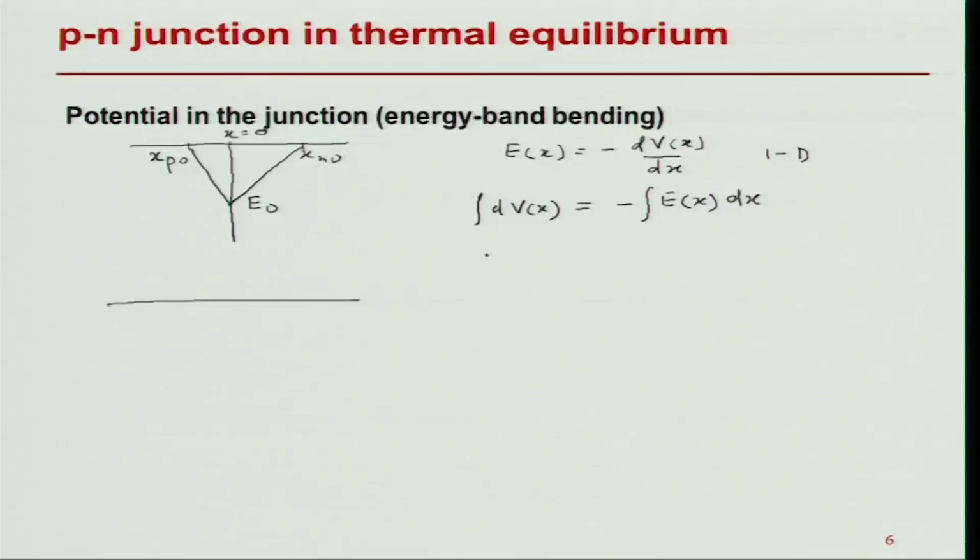So, let us first define that function, which is basically defined in two regions. The first region is going to be for values of x greater than or equal to x p o and less than or equal to 0.